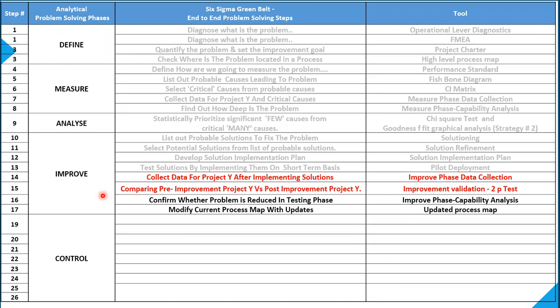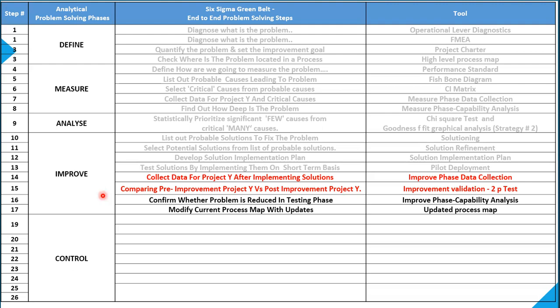Then we segregated potential solutions based on those 4 scanners of impactability: A, B, cost effectiveness, C, feasibility of implementation, and 4th, equally important, whether senior management, or for that matter even the client, is giving us any consent to do so. So can client give the consent to deploy this particular solution? Based on that, we selected potential solutions.